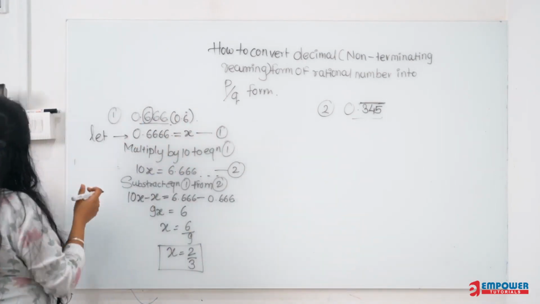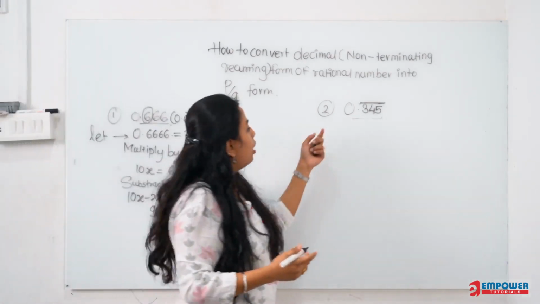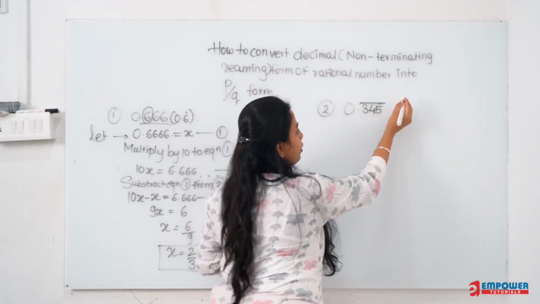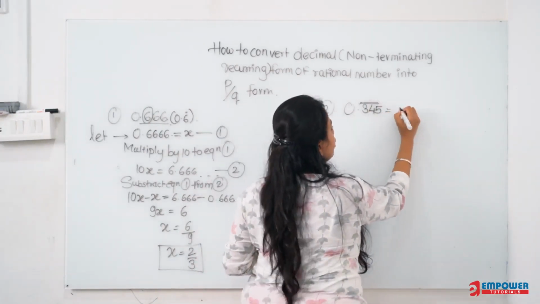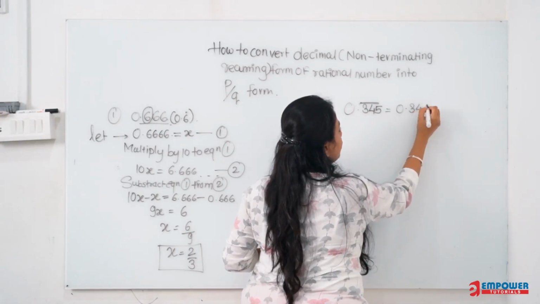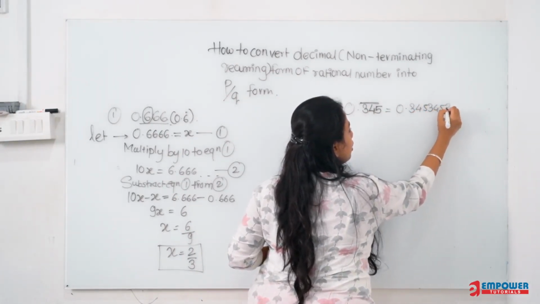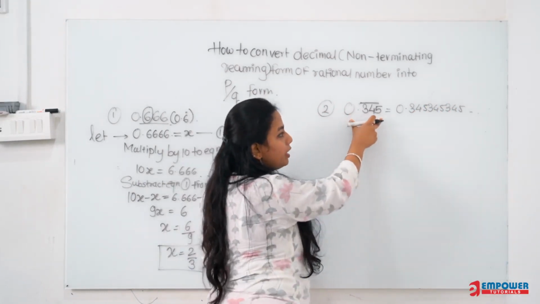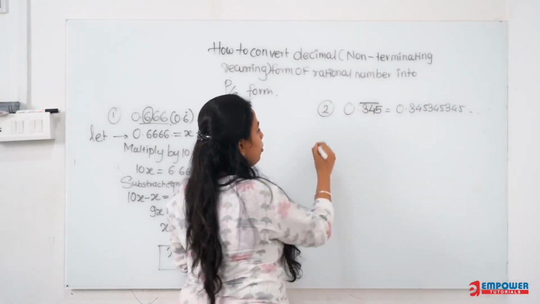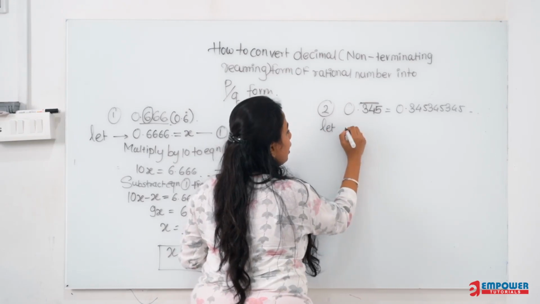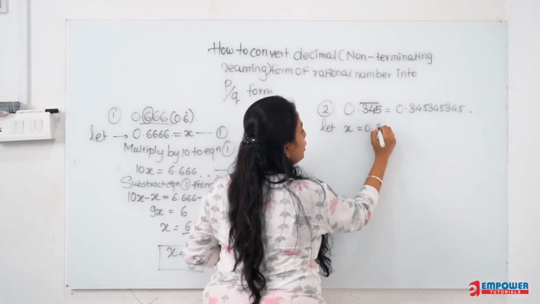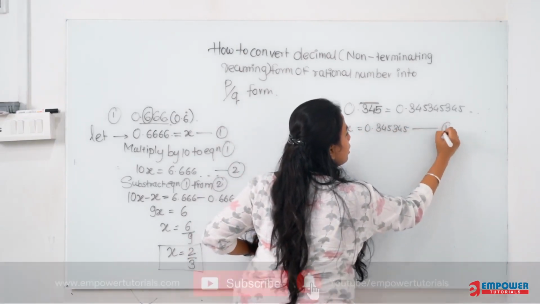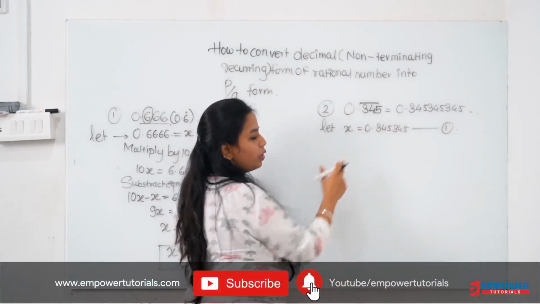What if I have more than one recurring digit? Okay, so here you have 345. So you can write it in this form: 345, 345, 345 and so on. If I want to convert this number into p by q form, I will let x is equal to 0.345345 and I will consider this as equation 1.